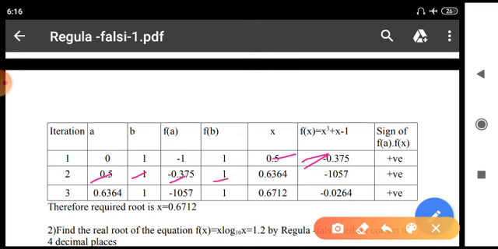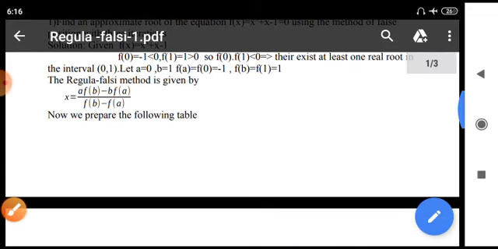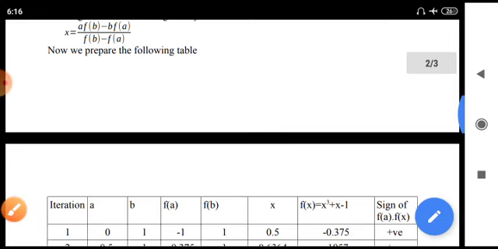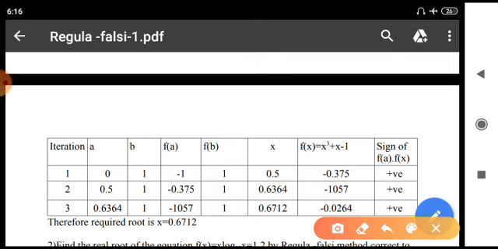Again, if we apply the formula for x, a into f of b minus b into f of a divided by f of b minus f of a, what we get is 0.6364. Again, we have to calculate f of x, that is f of 0.6364, which comes out to be minus 0.1057.